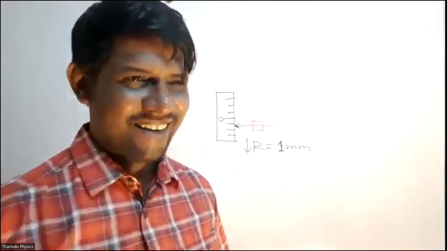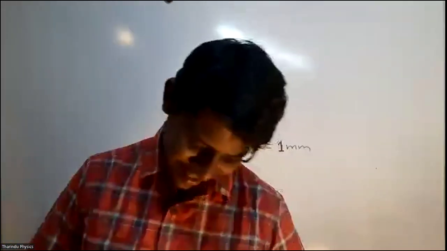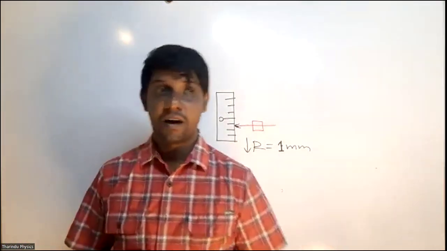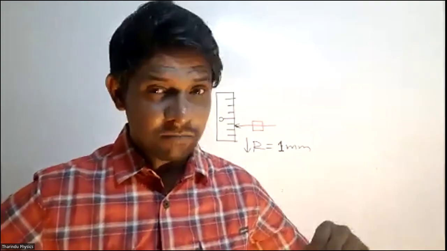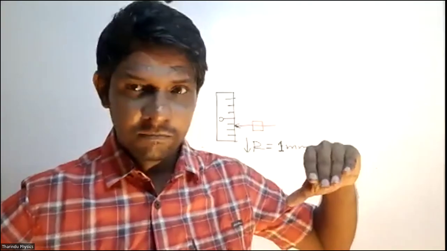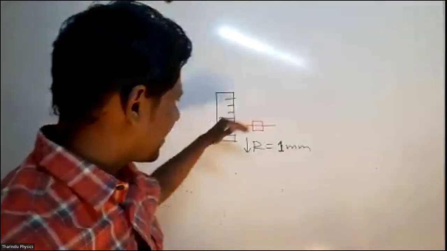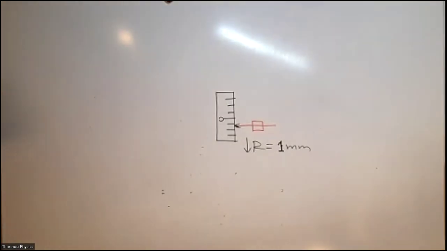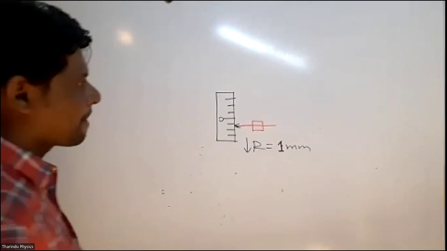Now write like this: how to read the circular scale for a reading below the zero line. I hope you have copied this one.